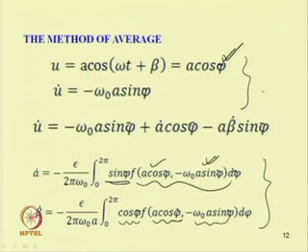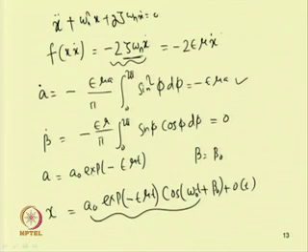In this case we have the x dot term, so one has to substitute minus omega 0 A sin phi. By substituting that, this equation reduces to A dot equal to minus epsilon mu A by pi, integral 0 to 2 pi, sin square phi d phi, and this is equal to minus epsilon mu A, and beta dot becomes 0.